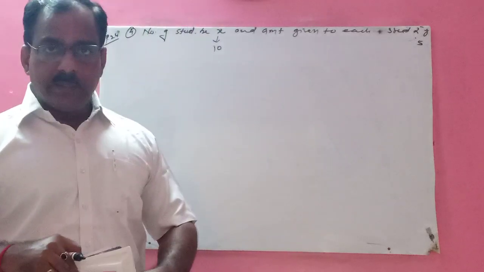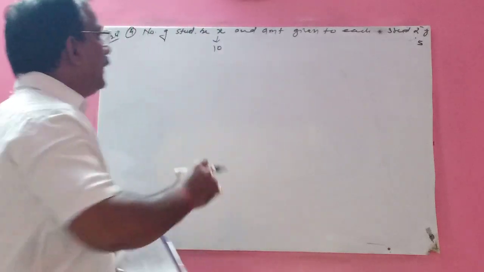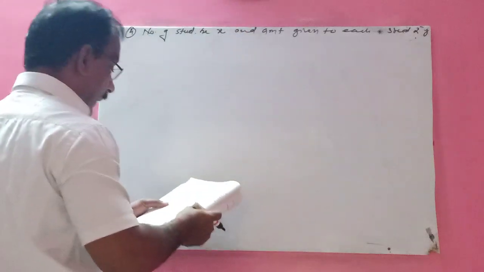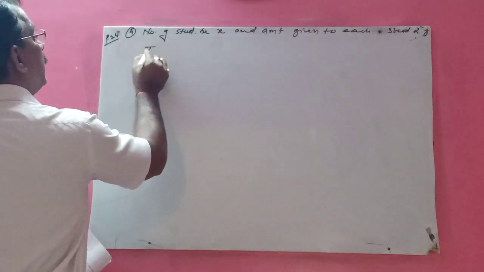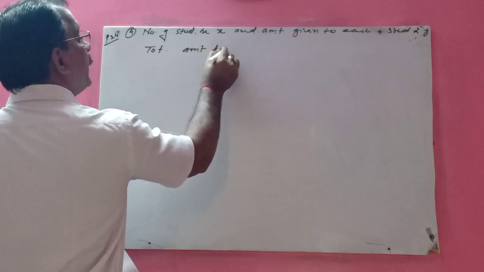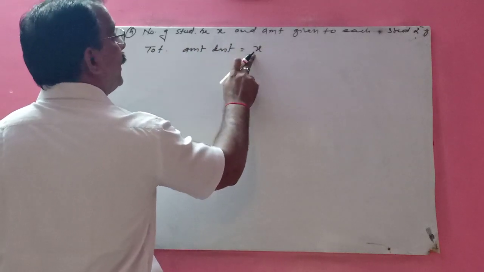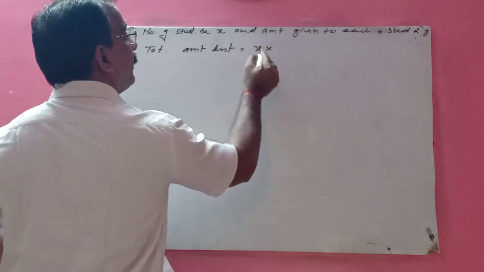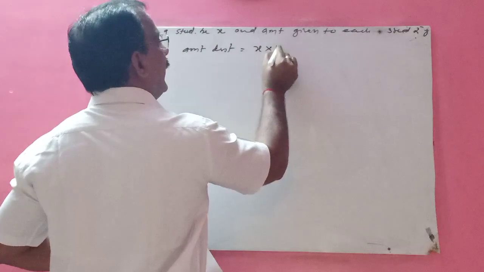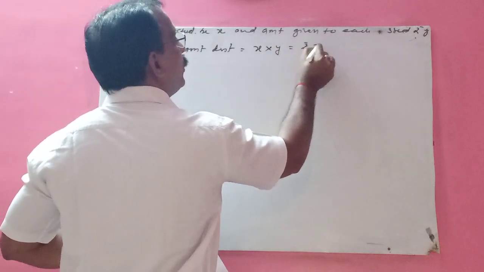Total amount will be 50. So first calculate the total amount. The total amount distributed is equal to the number of students multiplied by the amount got by each student, y. So it is equal to ₹xy.